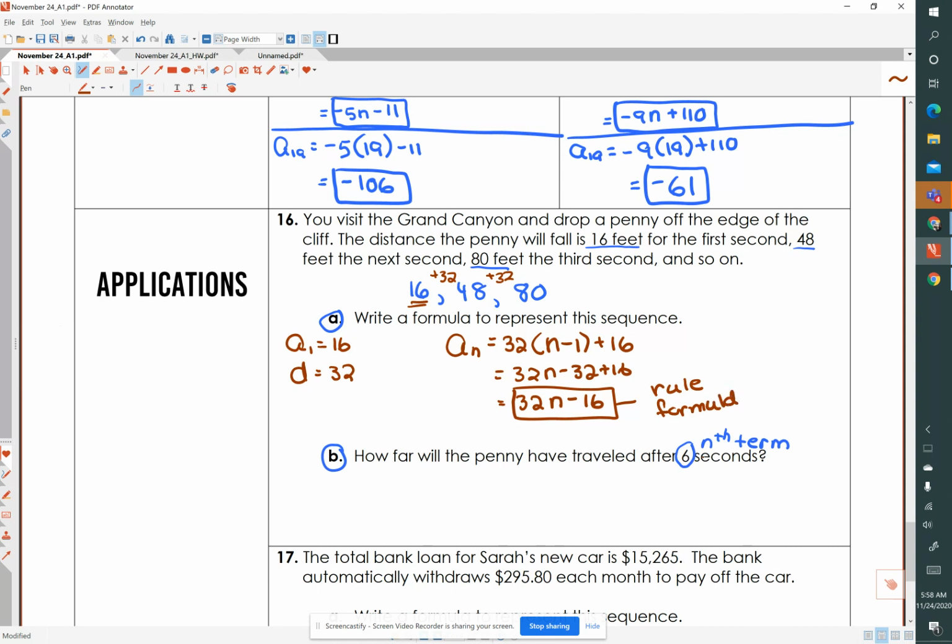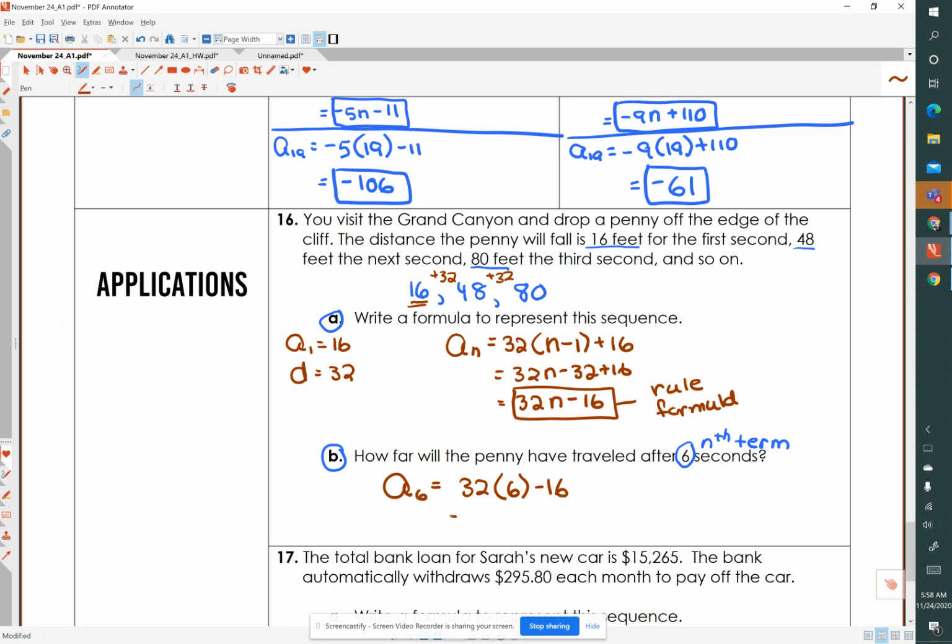Now we need to find the 6th term in the sequence. How far will this penny have gone after 6 seconds? So a sub 6 equals 32 times, we substitute n for 6, minus 16.